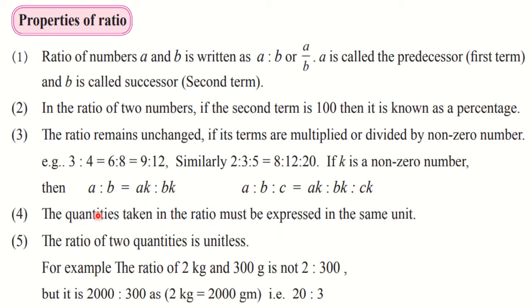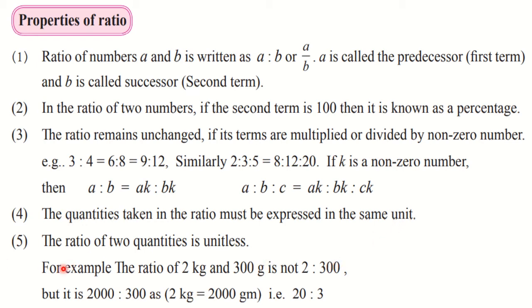So this is important, that whenever you want to find the ratio, both the quantities, or three quantities or four quantities, should have the same unit. Like if you want to compare two quantities by weight, and one quantity is in kilograms and the other is in grams, you cannot compare. Both the quantities should be either in kilograms or in grams, then only you can compare them. So this is an important property, that the two quantities must have the same unit, then and only then can you find the ratio.